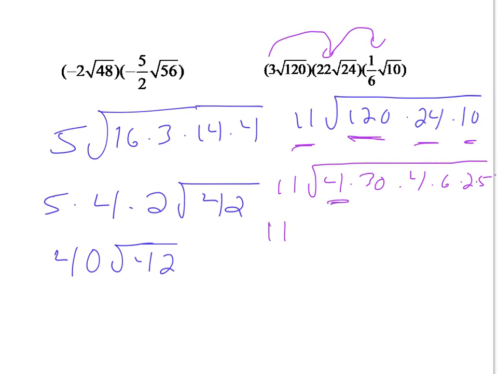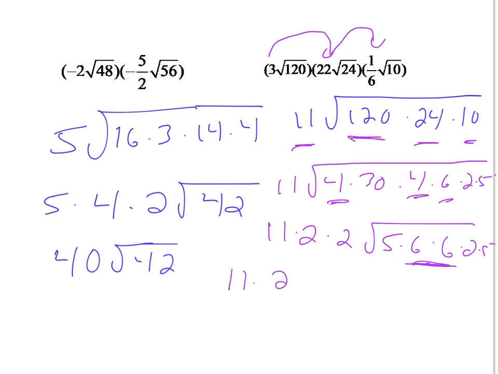Well, 11 is 11. Root 4 becomes 2, right? This root 4 becomes 2 outside, and I'm still left with 30, which is 5 times 6, times 6 times 2 times 5. So I now have, in essence, a 6 squared inside. They can come out and become 6, so I have 11 times 2 times 2 times 6.